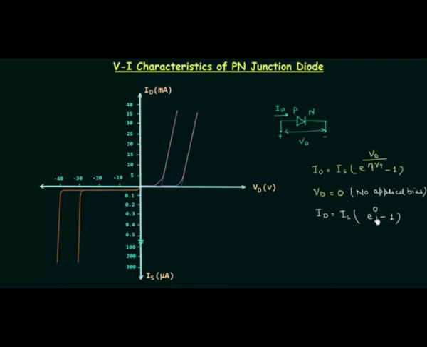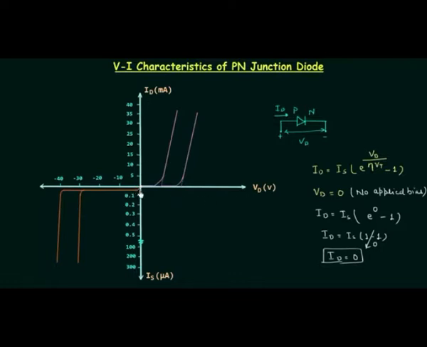Now e raised to power 0 is 1, so ID equals IS times 1 minus 1, which is 0. So the diode current is also equal to 0 when VD is equal to 0.